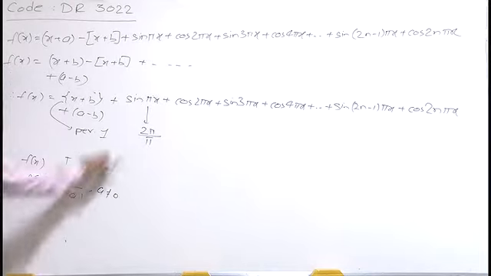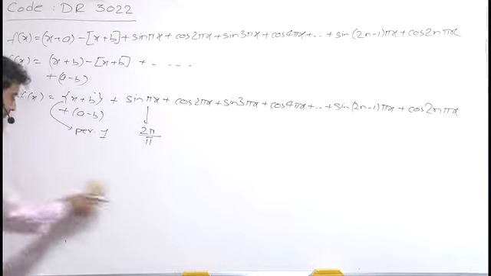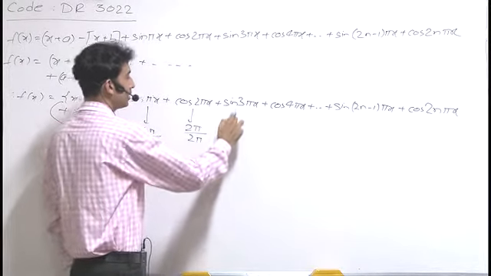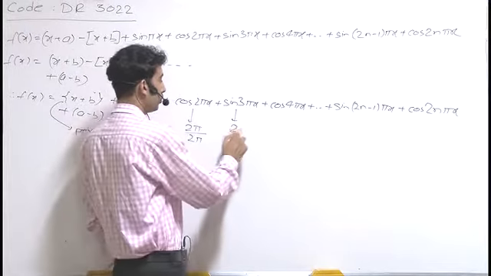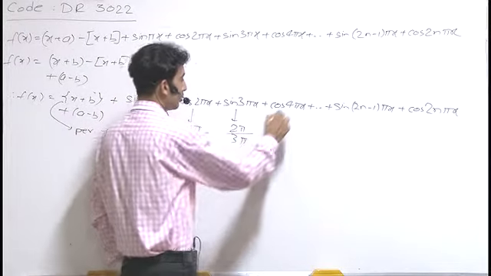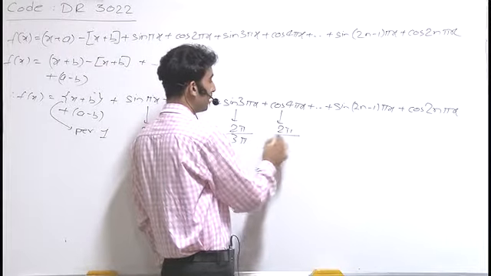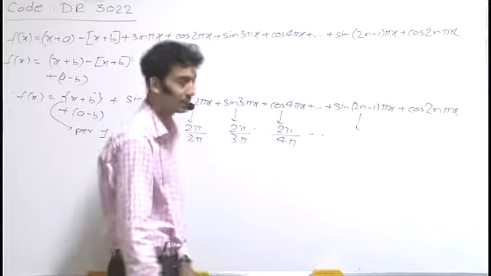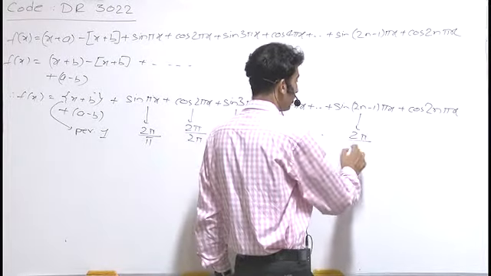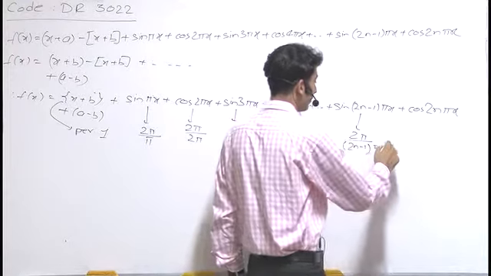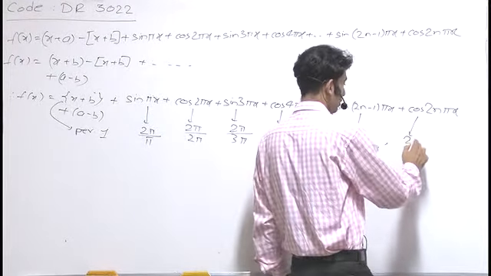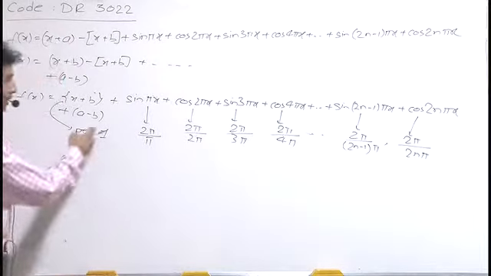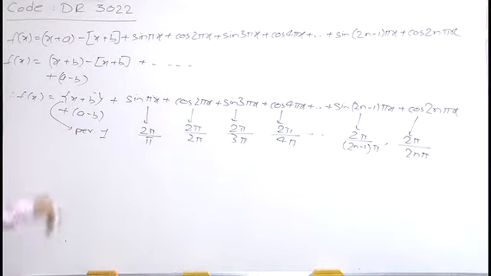So by that theory we have written this. Now cos 2πx has period 2π/2π, sin 3πx has period 2π/3π, cos 4πx has period 2π/4π, and so on. sin (2n-1)πx has period 2π/((2n-1)π), and for the last, 2π/2nπ. So here we have written the periods of every single term.